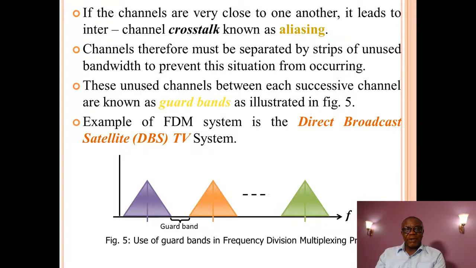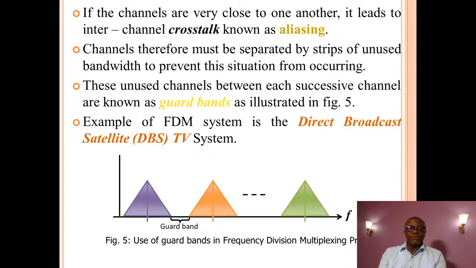But here we are going forward to say that we will deliberately introduce what we call the guard band. If you look at Fig 5, you see the guard band, that there is now a separation between the purple signal and the orange signal. The essence of that is to make sure that aliasing, which is the two signals overlapping each other, never occurs.